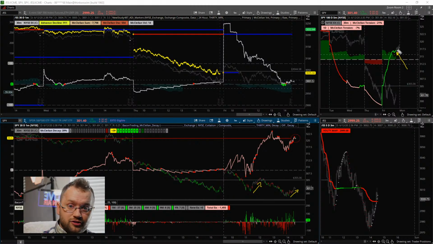Now, what are the bears thinking? The bears are thinking, what can we do to get daily tension back under zero? I think they just had this awesome thing, and it's hard to move back to 30-minute, but I think the goal is to say, how can we get daily tension back under zero? And I think the easiest way for the bears to do that is the same, to liquidate the counterparty. But in this instance, I think the bears are running into a problem, which is that the bulls are very active.